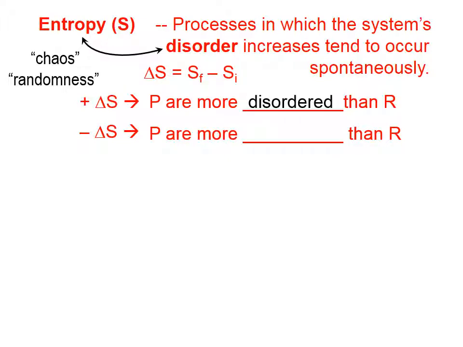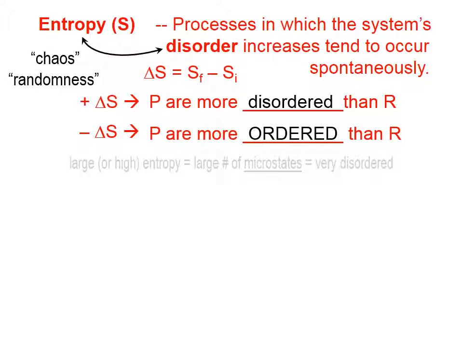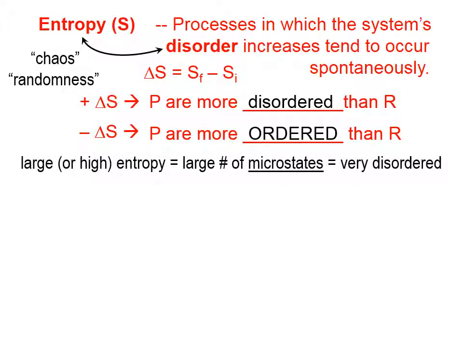Processes that have a negative change in entropy means, again, look at the equation. If this term on the right ends up being negative, then mustn't the initial chaos be larger? There must be more chaos initially than at the end. Products are more ordered than reactants.